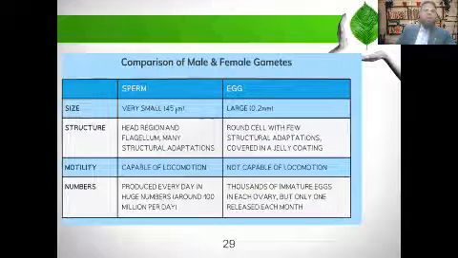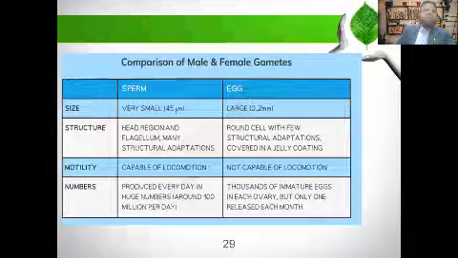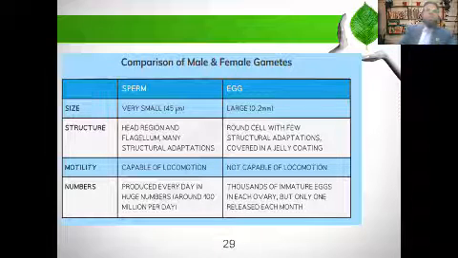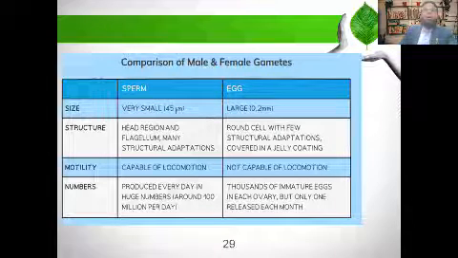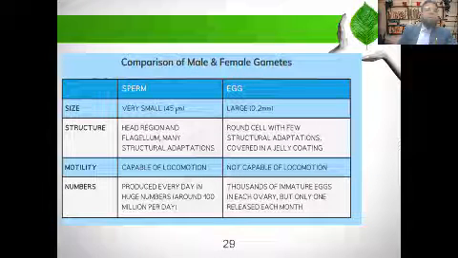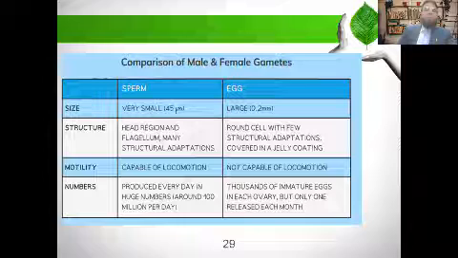Now here we are going to discuss the comparison between sperms and egg cells. See, the sperm is very small. Its size is about 45 micrometers, but the egg is larger, that is 0.2 millimeters. And if you see the structure of the sperm, the head region is there, and the flagellum is there for movement, and it also has many structural adaptations.